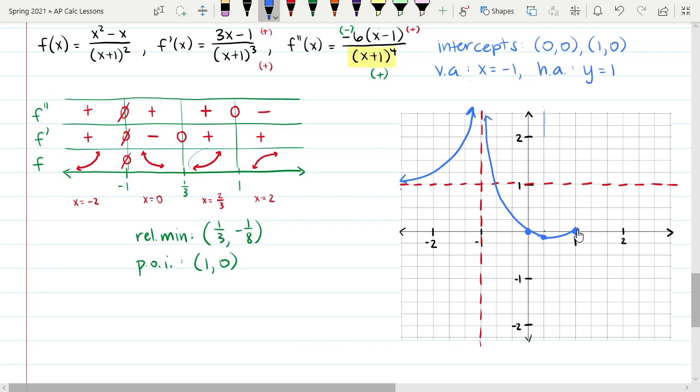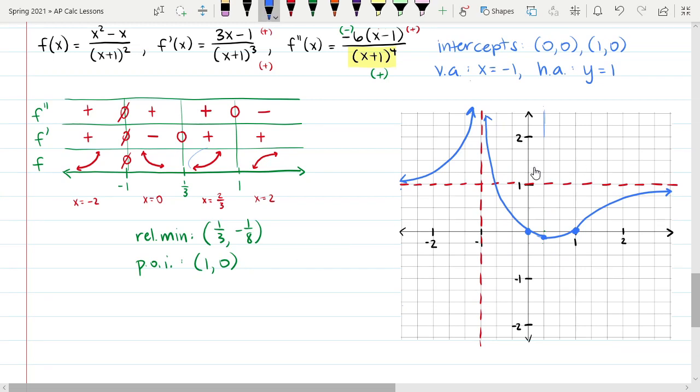And then finally, from 1 to infinity. Now, remember, we need this shape here from this point, so it has to be that. And that is the sketch of the graph of our function. All right, yeah, I kind of messed up from negative 1 to 1/3. That's not the best shape there, but you get the idea.